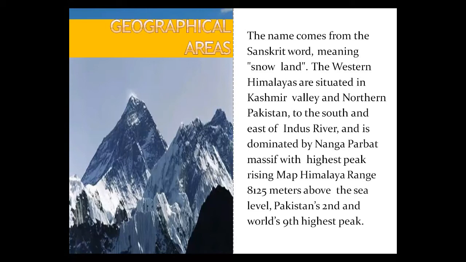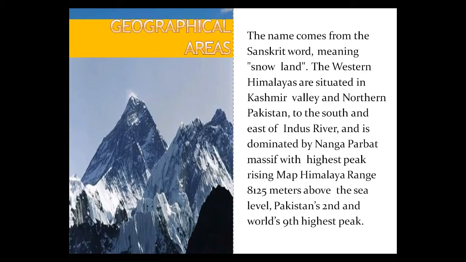Most of the peaks remain snow covered. They also have natural vegetation and forest, seen in some places. Health resorts like Murree, Ayubia, Nathia Gali, Abbottabad, and the beautiful valley of Kaghan are located here. Most of the mountain ranges are covered with snow.